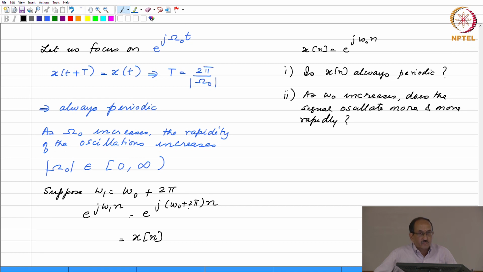E to the j 2 pi n of course is 1. Note that omega 1 is strictly greater than omega naught. So you get the exact same signal.